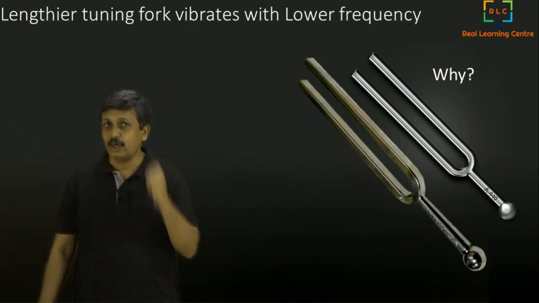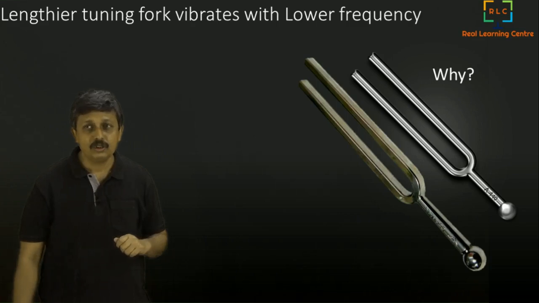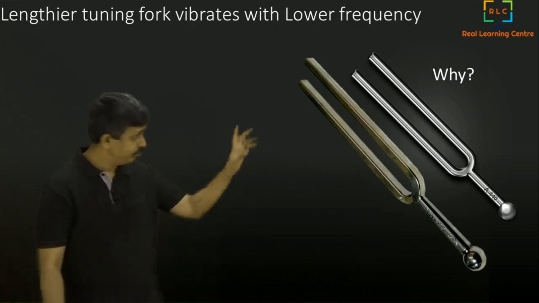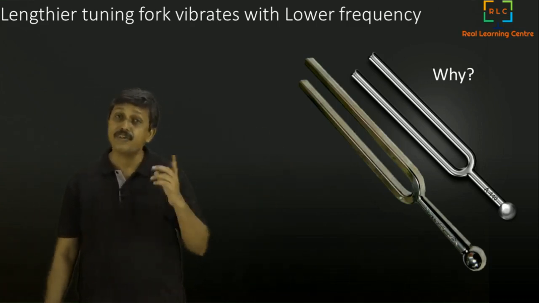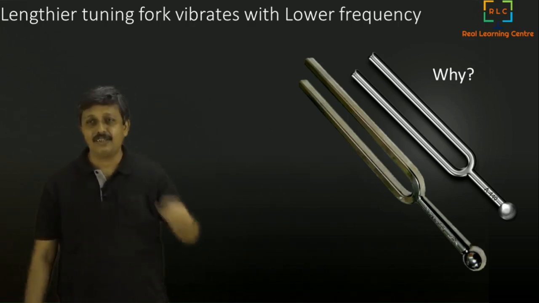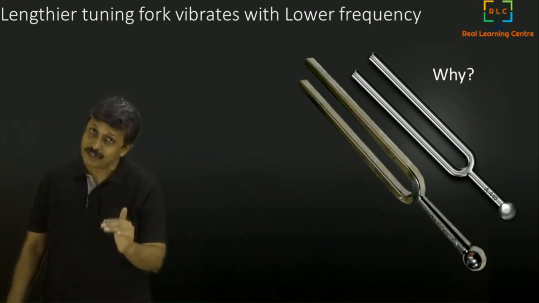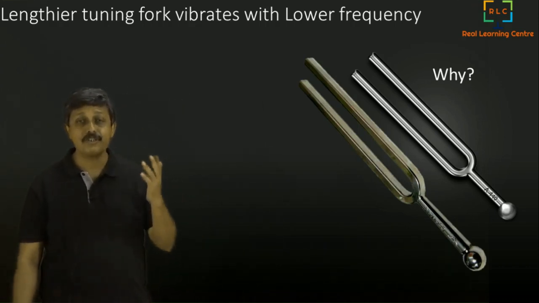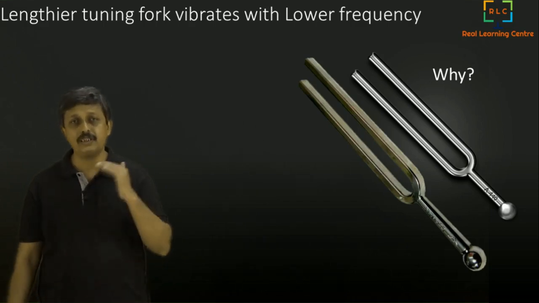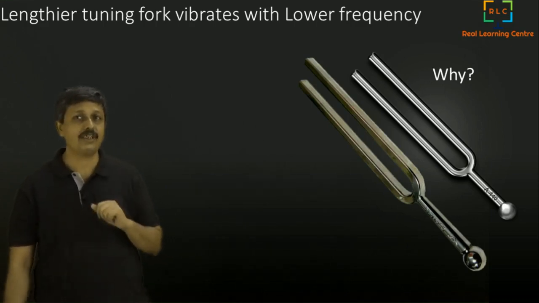You get a sound of the tuning fork. So if the tuning fork is smaller, you will have a higher frequency, a higher pitch. If the length is bigger, longer, then you will have a slightly lower pitch.